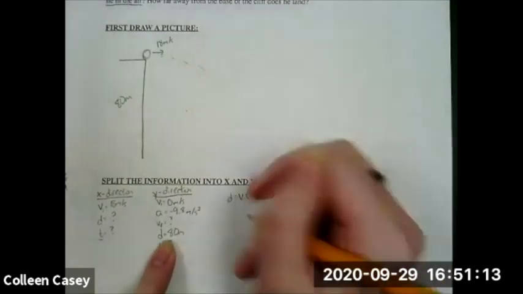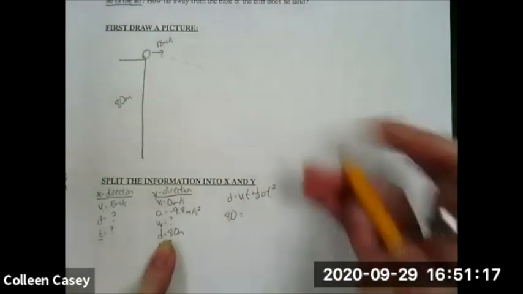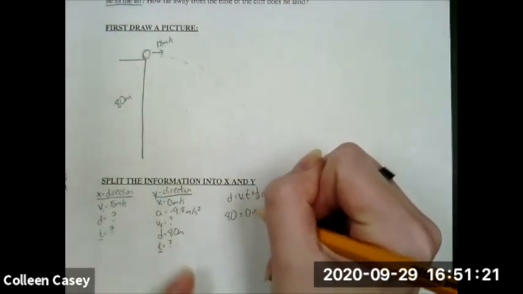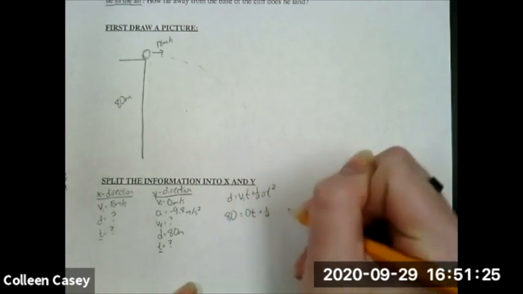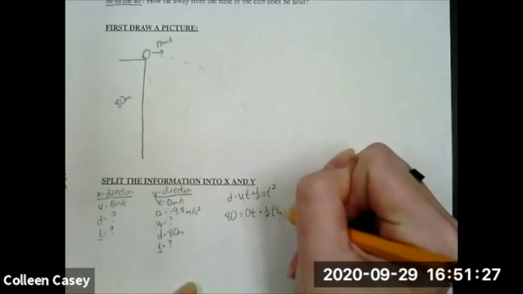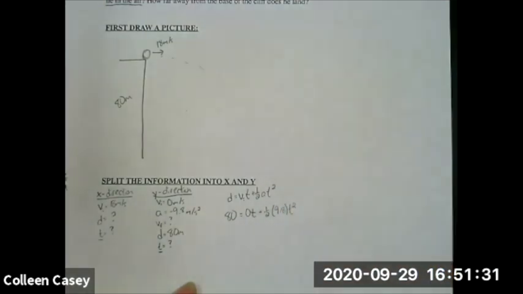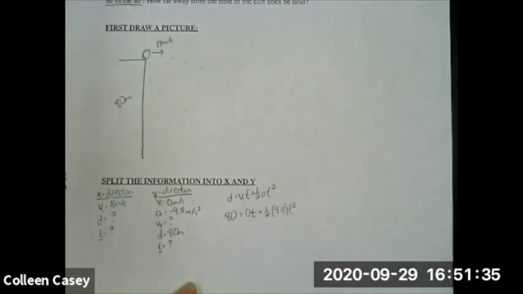So distance here is 80, is going to be equal to my initial velocity is 0. My time is what I'm solving for. 1/2 A is 9.8. And time is again what I'm solving for. 0 times t is just 0.